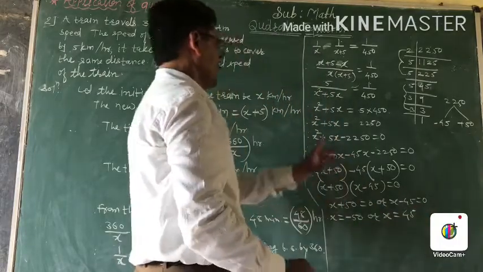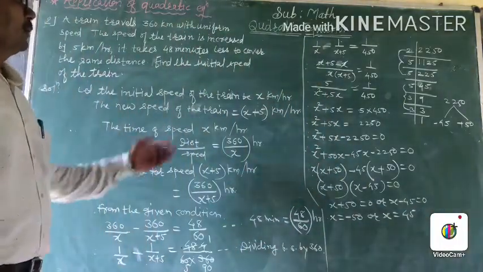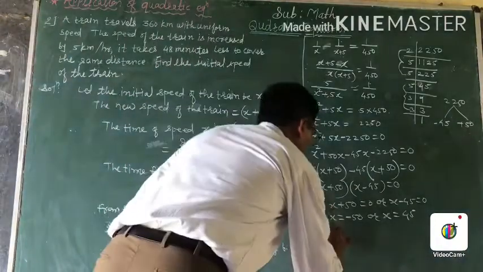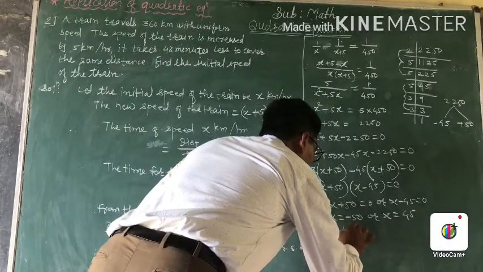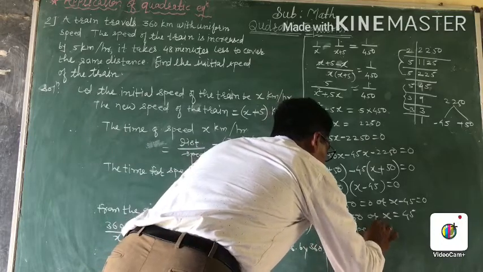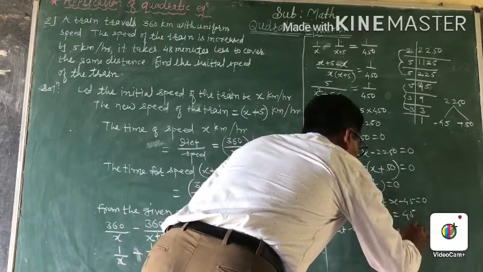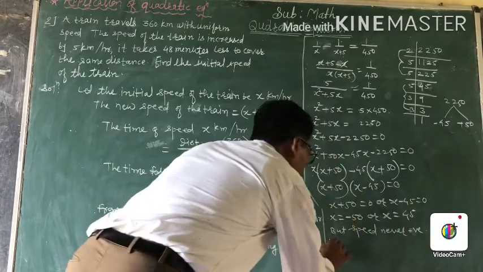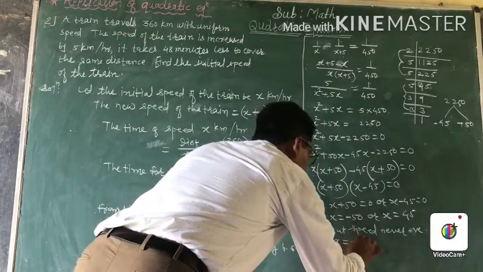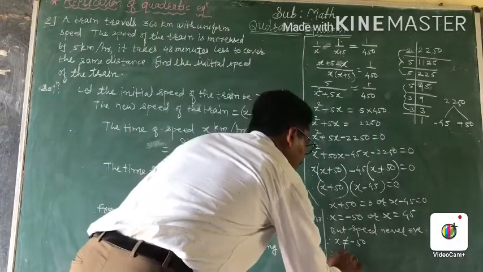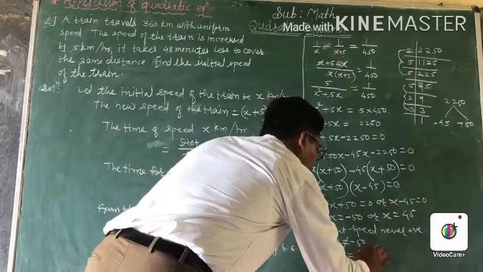What is x? X is the speed, and speed can never be negative. Therefore x is equal to minus 50 is not correct. Therefore x is equal to 45 is correct.